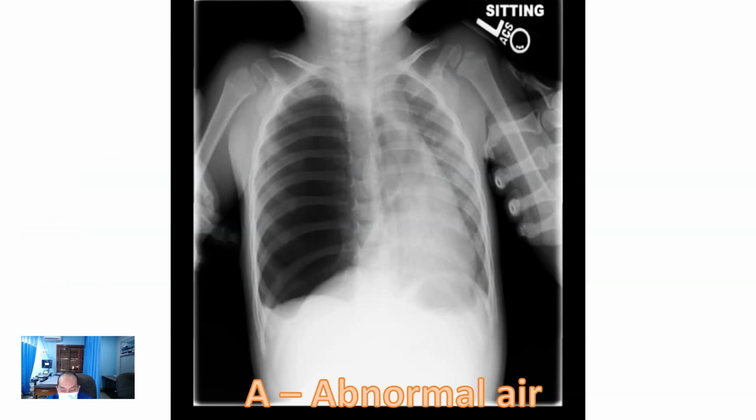So we look for abnormal air. In this case, we see a right tension pneumothorax, which shows the blackout of the right hemithorax with mediastinal shift to the left.